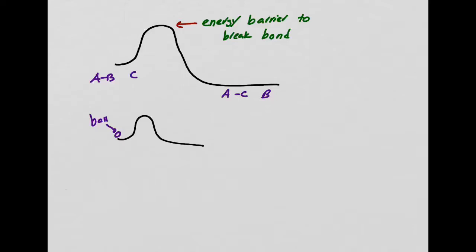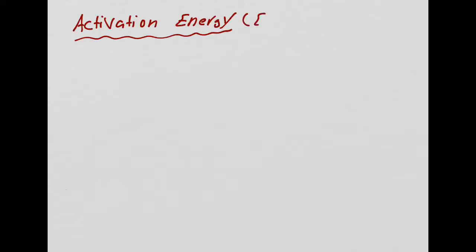Now, again, let me summarize this. There's a minimum energy I need to be able to break the bond, which brings us finally to our equation, and that is activation energy. What's the activation energy? Here's what activation energy is.